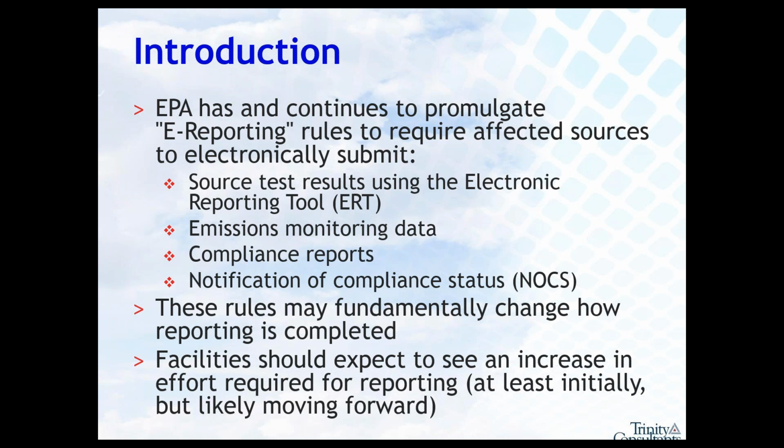These could include source test results using the electronic reporting tool, emissions monitoring data and compliance reports, as well as notification of compliance status, which, if you're not familiar with that one, is an initial notification where you demonstrate that your facility is in compliance with a rule.